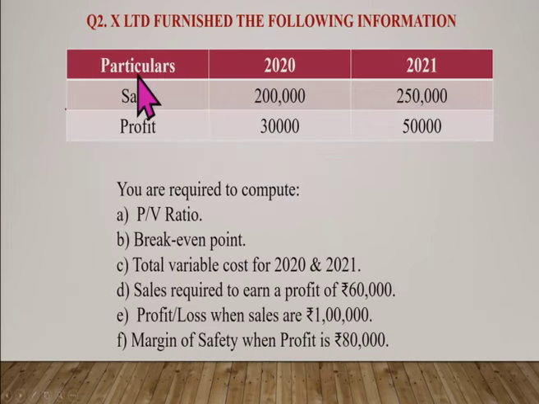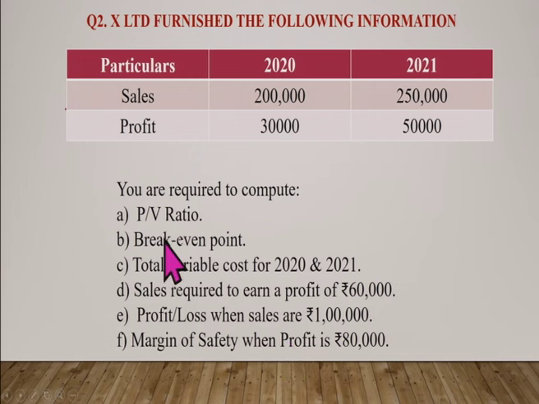Next. Sometimes, instead of giving direct problems, they are going to give 2 years of data. They are going to give sales for the 2 years and profit for the 2 years. From this information we have to calculate the PV ratio, break even point, total variable cost for each year, and sales required to earn a profit of 60,000, profit or loss when the sales are 1 lakh, and margin of safety when the profit is 80,000.